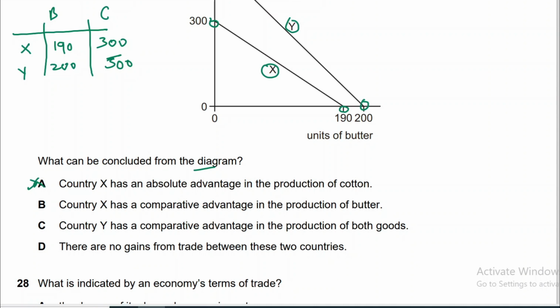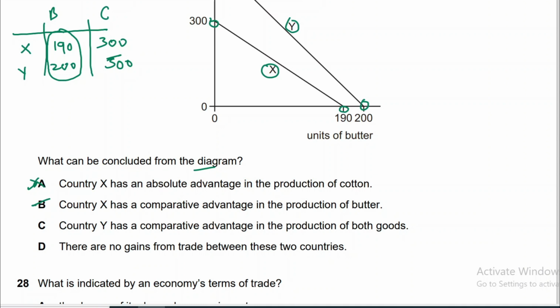Country X has comparative advantage in the production of butter. Yes, this is the correct answer, because we can clearly see that although X can produce less butter than Y, the difference is not that much.